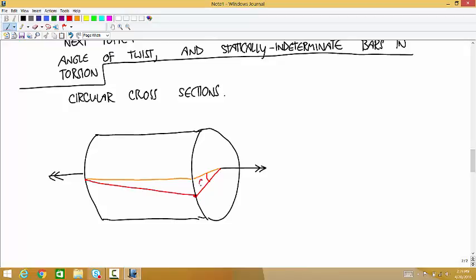And this angle phi is the angle of twist. Okay? And the angle of twist is going to be given in radians.